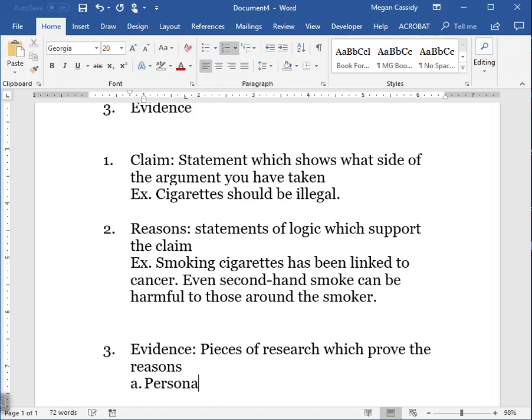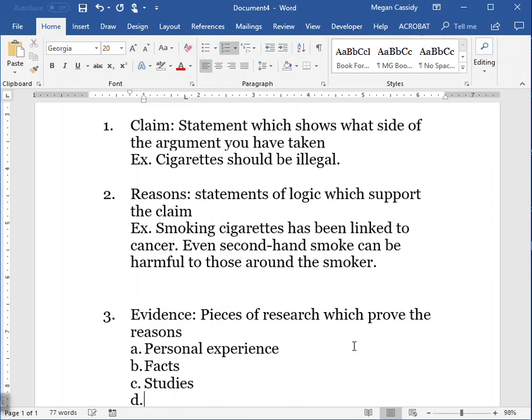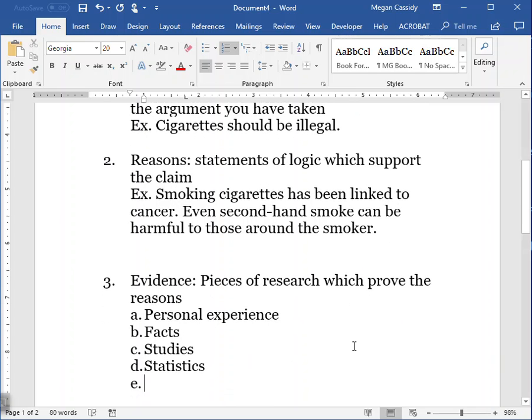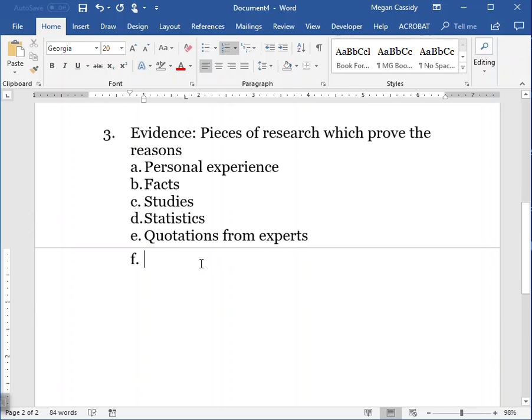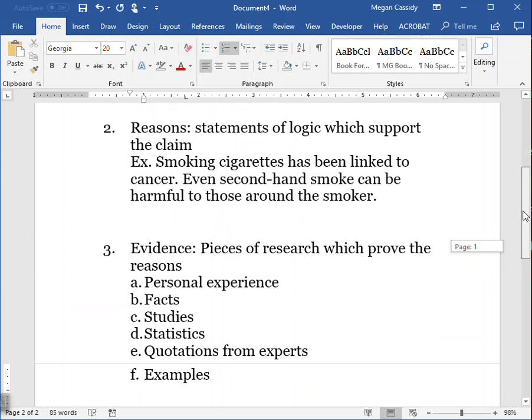You can have personal experience, you can have facts, you can have studies, statistics, quotations from experts, and then let's say examples, and a number of other things too. But those are some basic things that you would look up to prove the reasons that you have just stated.